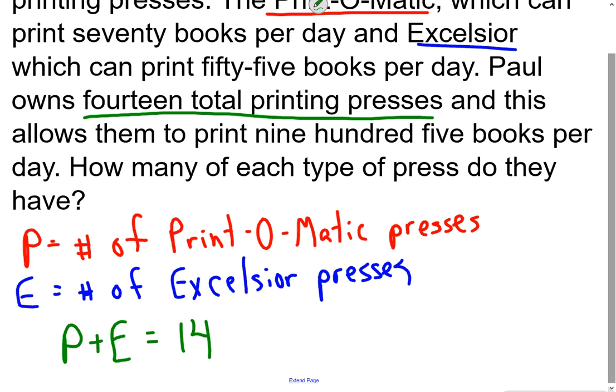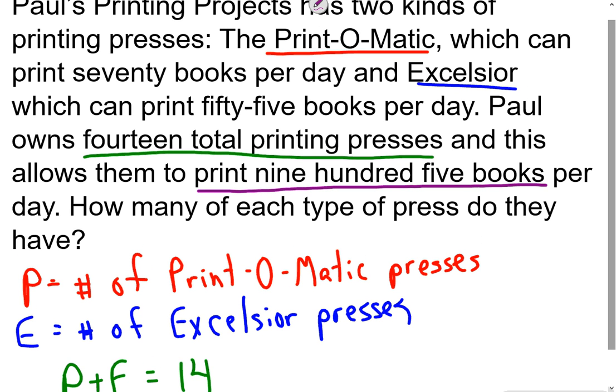I also have another statement in here. It says this allows them to print 905 books per day. Okay, well, how do I figure that out? Well, I look up here and go, it says the Print-O-Matic can print 70 books per day, and the Excelsior can print 55 books per day.